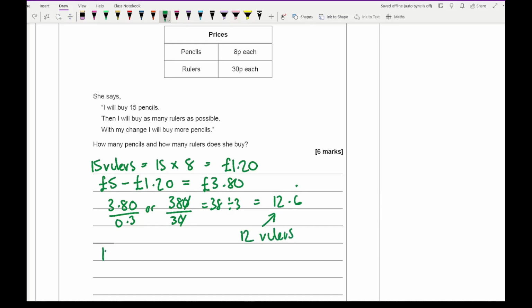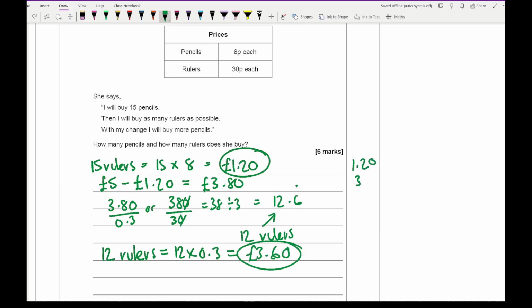So the price of 12 rulers comes up to 12 times 30 pence, £3.60. So then if I add up these two amounts, I've got £4.80. So how many more pencils can I buy? Well, I've got 20p change. From that 20p change, I can buy 2 more pencils.